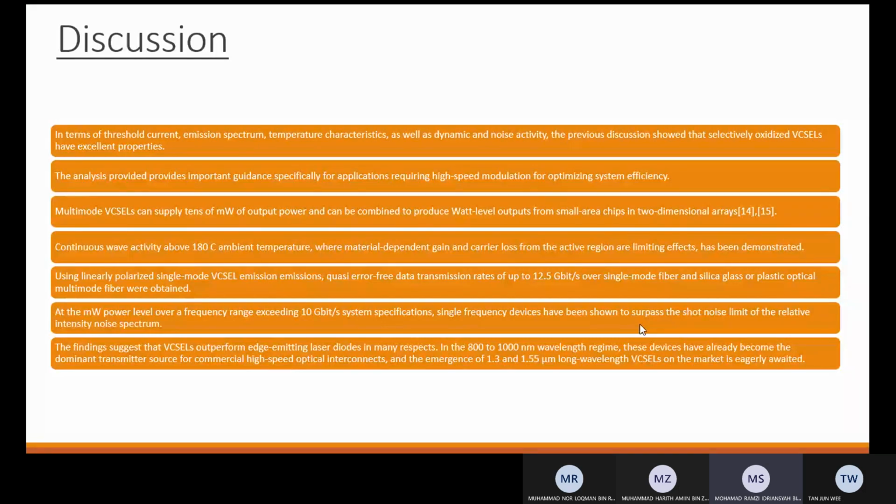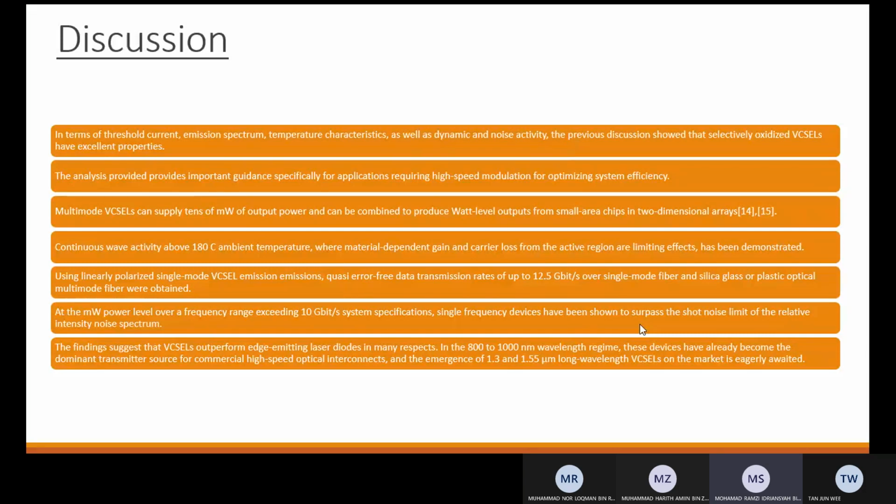The previous discussion showed that selectively oxidized VCSELs have excellent properties. The analysis provides important guidance, specifically for applications requiring high speed modulation, for optimizing system efficiency.